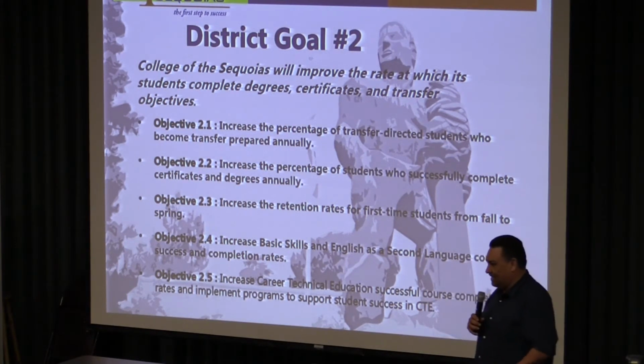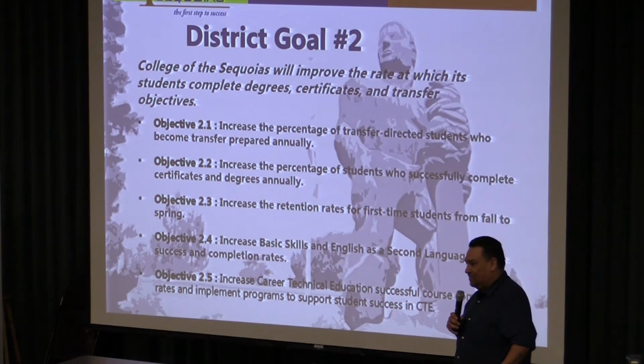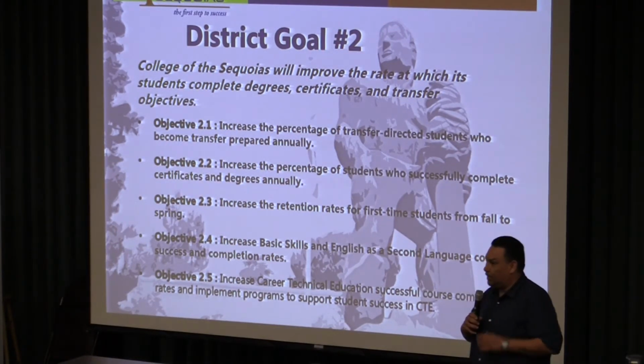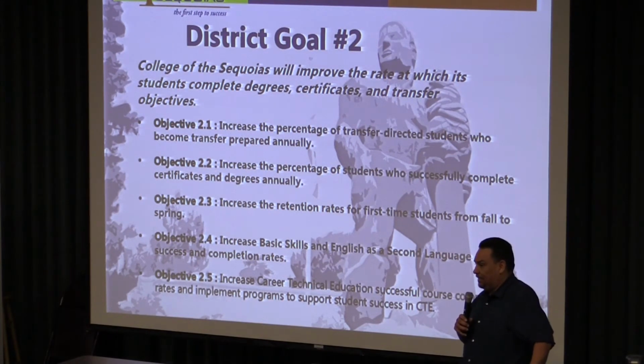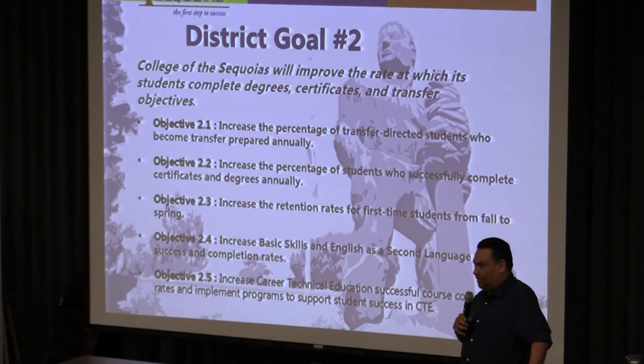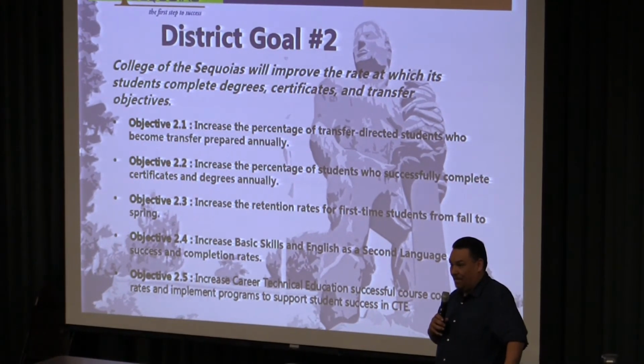What we know is that as an institution, the college has a lower success rate or completion rate than statewide averages, so we need to remedy that. Also, based on the College of the Sequoias Student Equity Plan, there's been some data that shows that certain student populations tend to lag further behind than the COS student body as a whole.